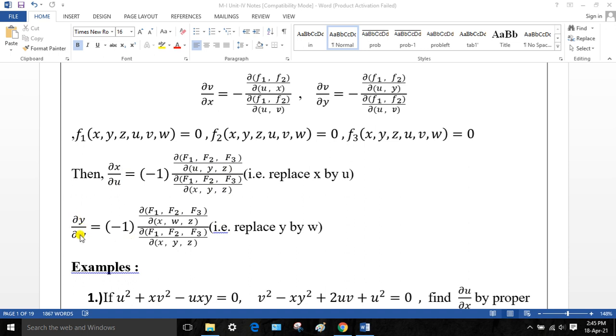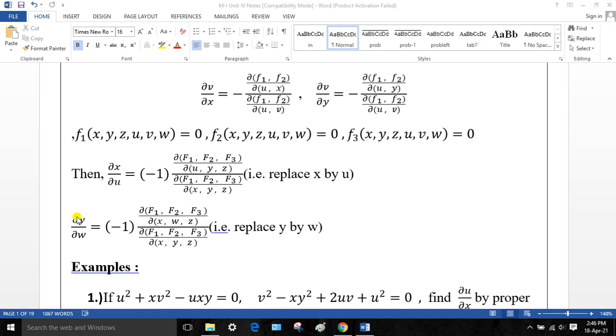If I have to find del y by del w. Again the negative sign as it is. Take the entry of three functions, del f1, f2, f3. I have to write the denominator now. Again the y. Y comes from the pair x, y and z. Now what you have to replace?